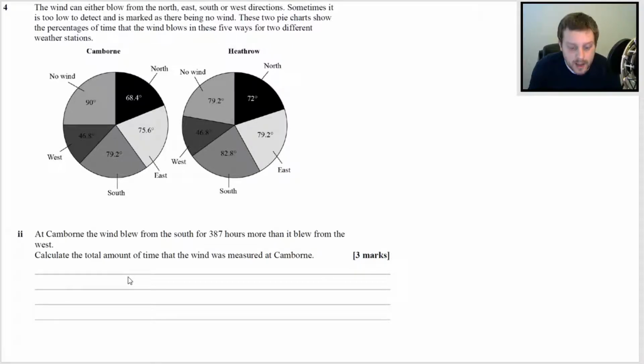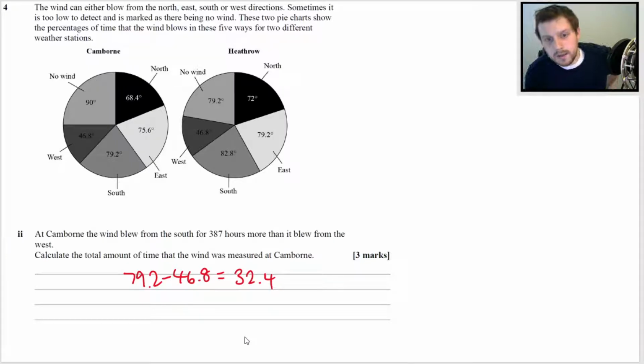Okay, for part 2, let's see. I'm kind of stuck in two minds as to actually going through the question and just telling you what I wrote. So I did 79.2 take away 46.8, which is 32.4. Because we're here, aren't we? So 79.2 for the south, take away 46.8 for the west.